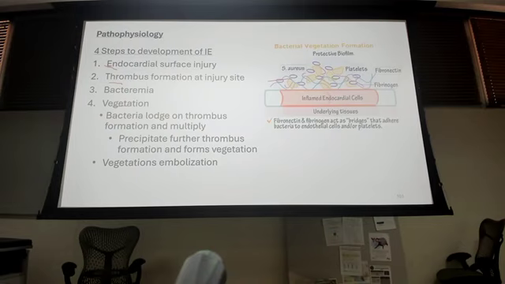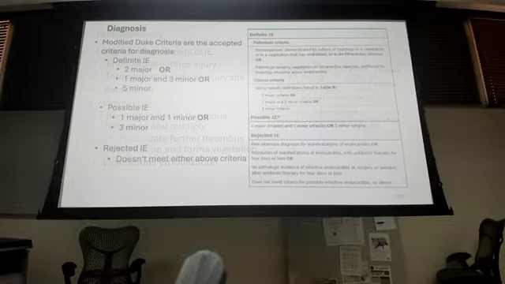And that vegetation can then interfere with the function of the heart structure that it's attached to, i.e., if you have it on one of the valves, it can interfere with the function of that valve.